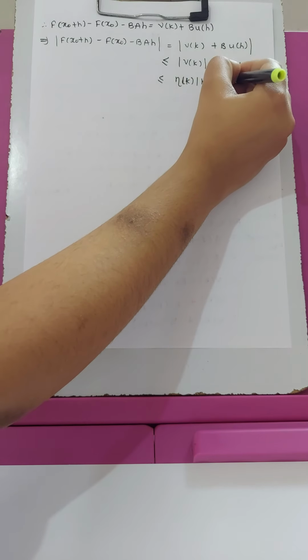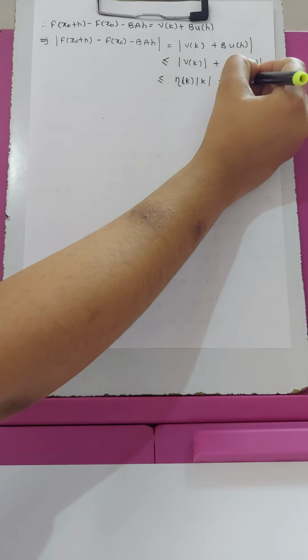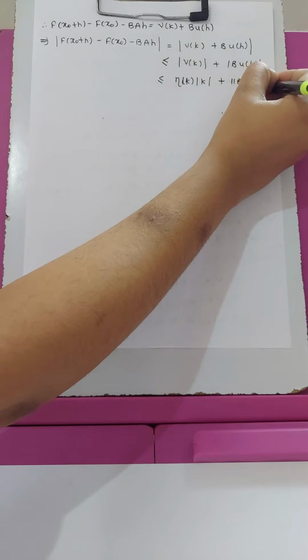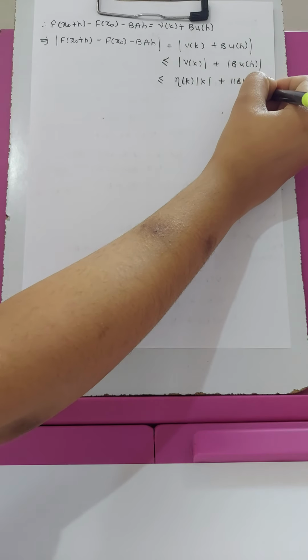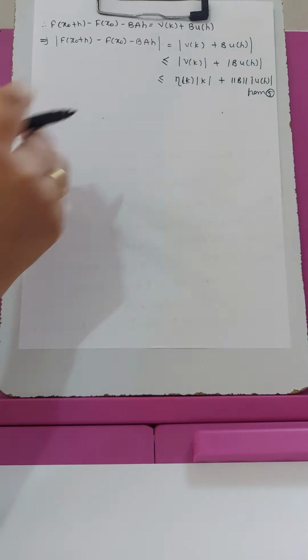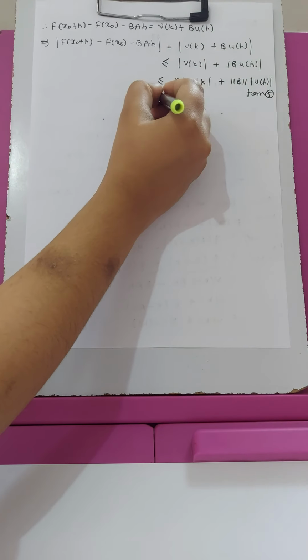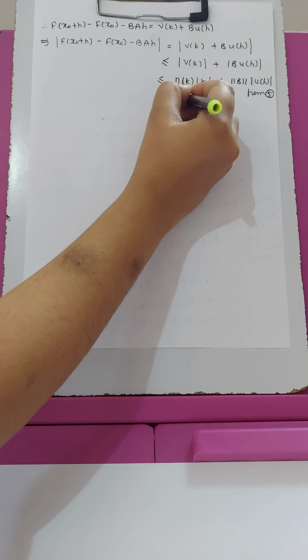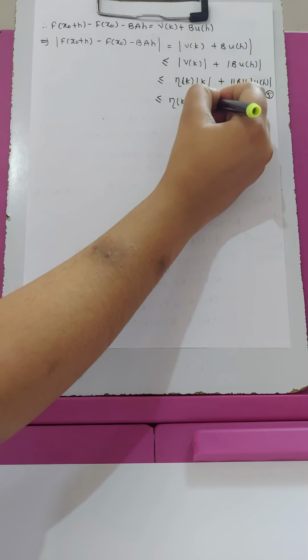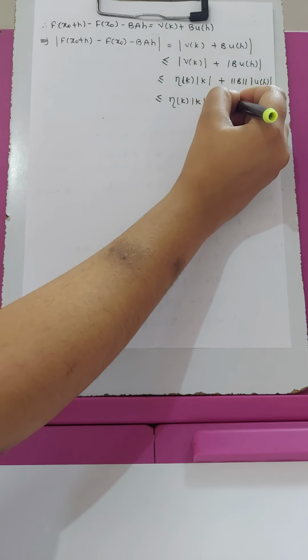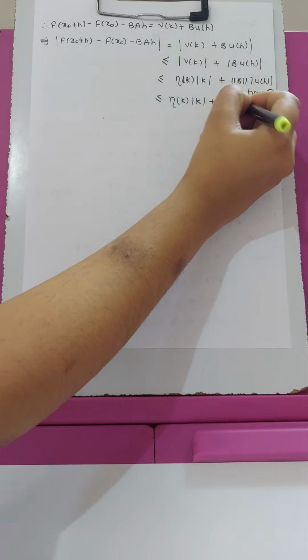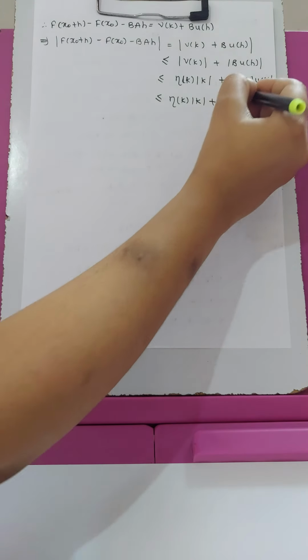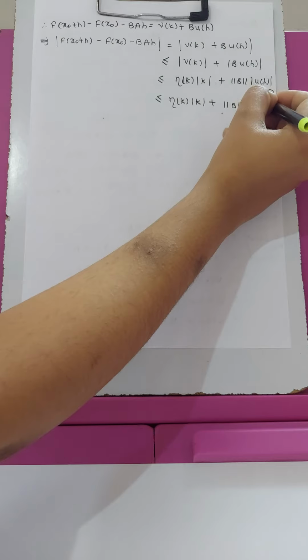By definition of norm, this becomes norm of b mod of u of h, from 5. Now this becomes less than or equal to eta of k mod k plus norm of b mod of u of h.